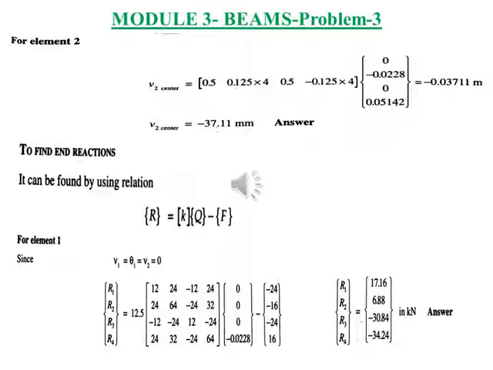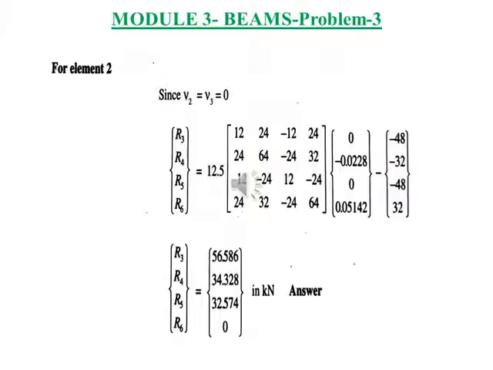R1, R2, R3 and R4 are to be found out, and the 4 into 4 stiffness matrix, the displacement of element 1 and the force vector for element 1 are substituted to calculate the reactions. We get the reactions for element 1 as 17.16, 6.88, minus 30.4 and minus 34.24 in kilonewtons, by direct substitution and calculation.